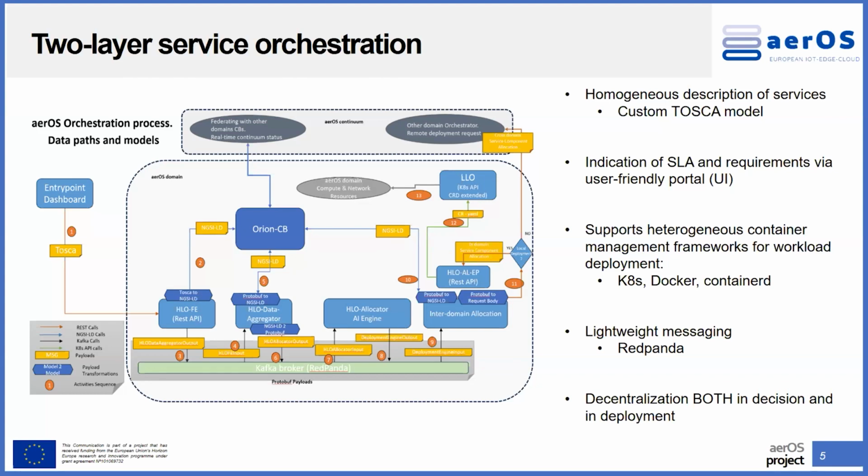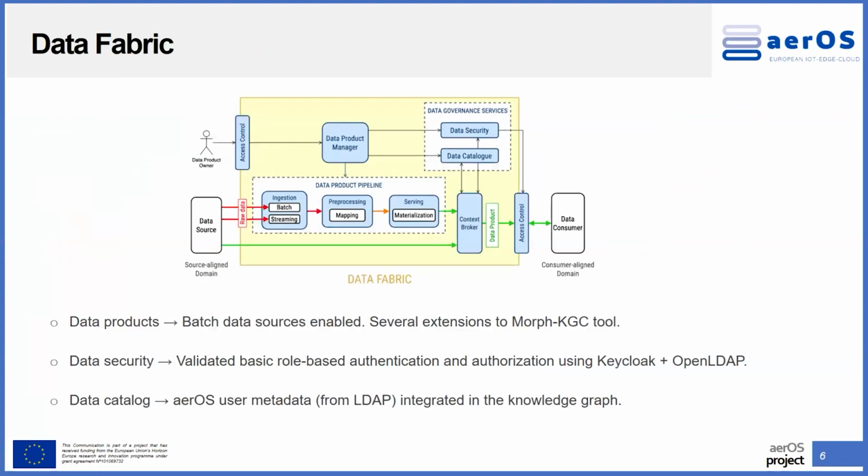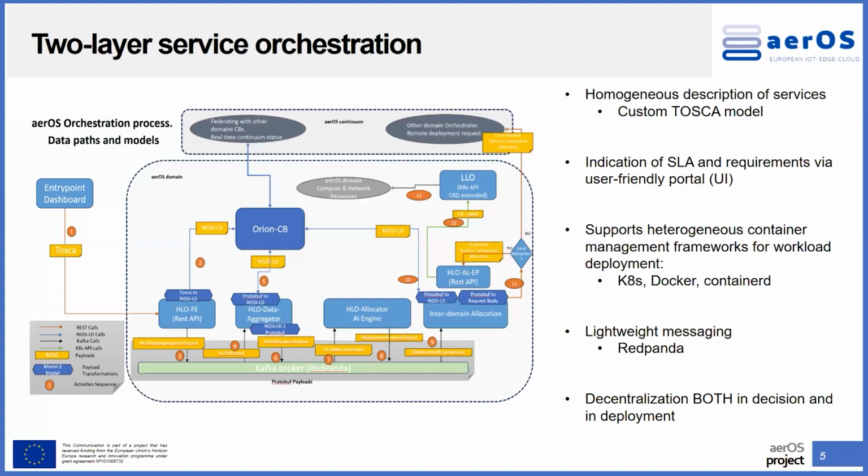All the messages are exchanged through this protocol until they reach the final decision of the high-level orchestrator, which is then propagated either locally to the low-level orchestrator, if it's a decision to deploy something in the local domain, or by calling a remote orchestrator to deploy a part of the service, a service component, somewhere else, if the selected infrastructure element is not local.